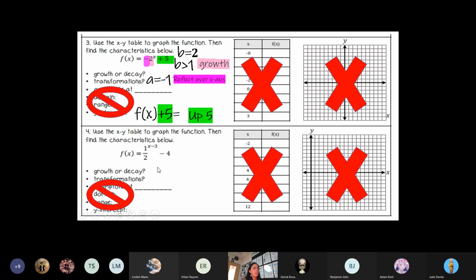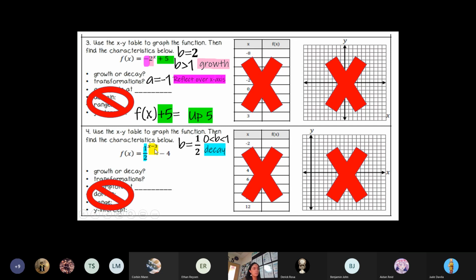In question 4, use the XY table to, question 4, I'm looking at my B term, my 1/2. If my B is equal to 1/2, that means it's between 0 and 1. If my B is between 0 and 1, then I have exponential decay.